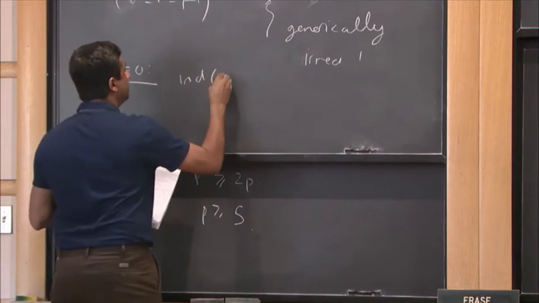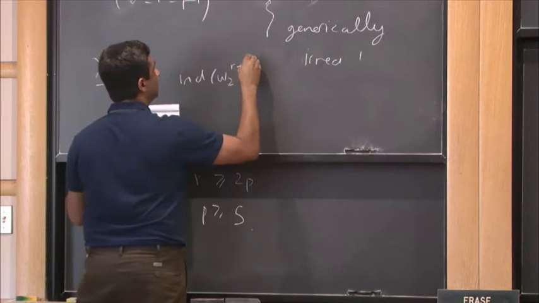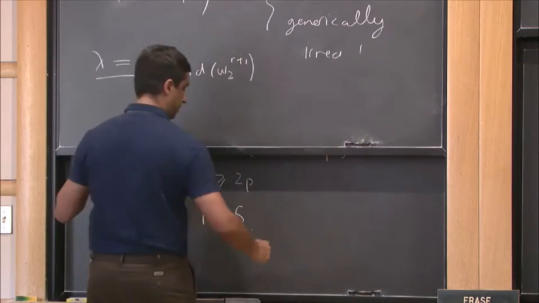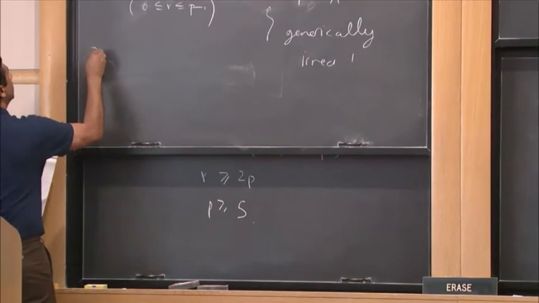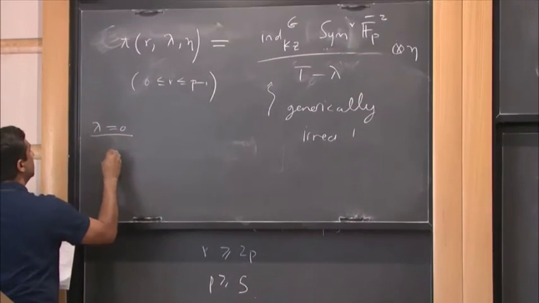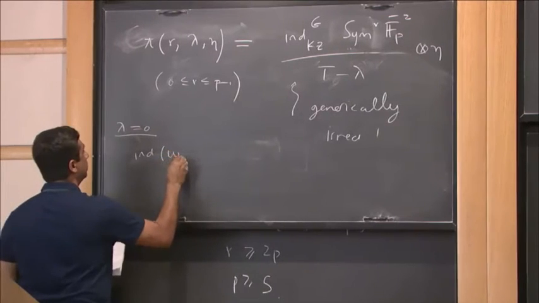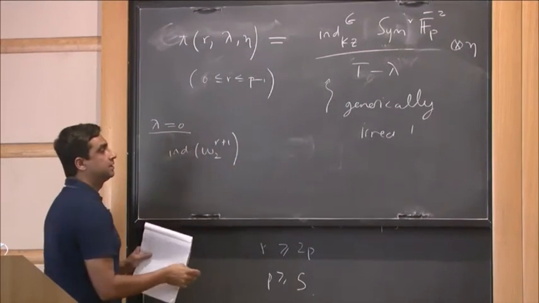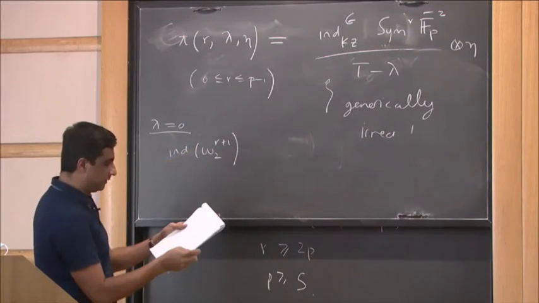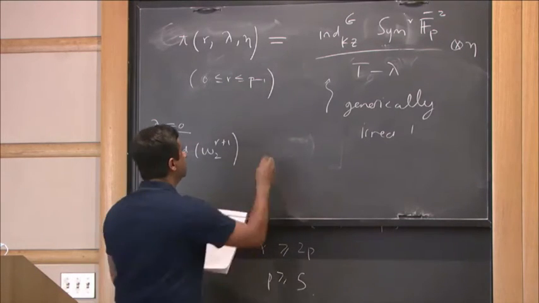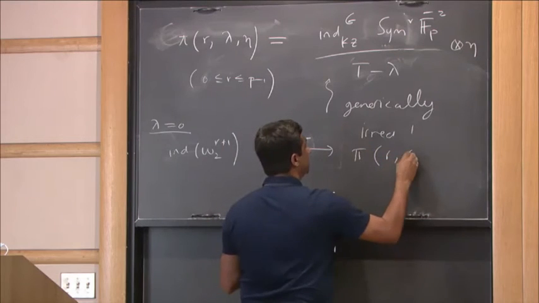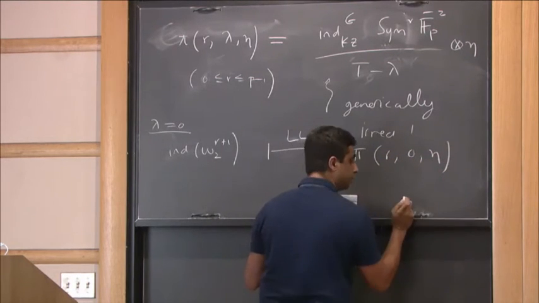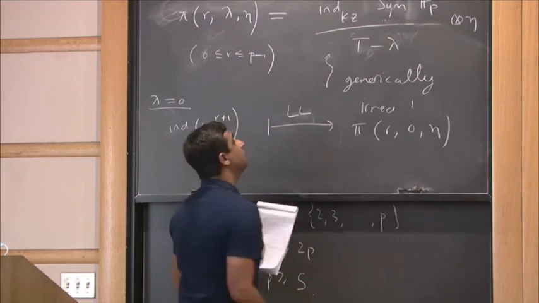So on the Galois side, these irreducible Galois representations, fundamental characters of level 2, they correspond to these so-called supersingular representations when lambda is 0.